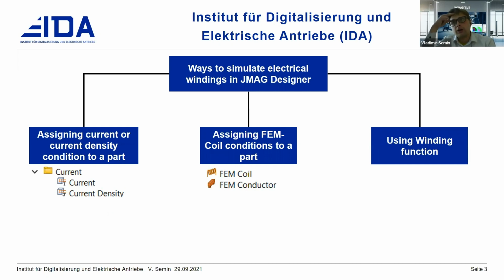And the last option, of which I know, is using the winding feature, where one can set regions on and generate a certain winding that is supported by the given pole pairs number and slot number.